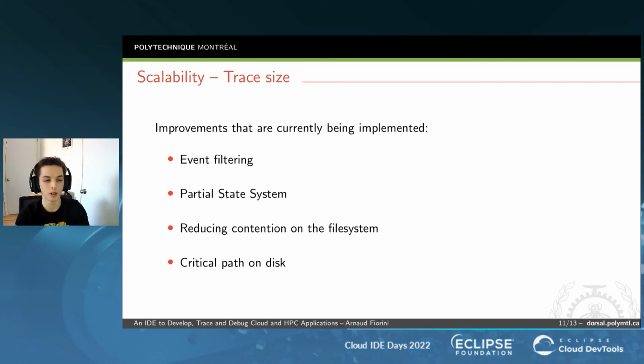Another way of reducing trace size is to use the partial state system. So that will not reduce the trace size directly, but for Trace Compass, Trace Compass uses an intermediate representation of the analysis, and this is the state system. And by using this, it enables Trace Compass to not reread the trace every time the user moves inside the trace to look at different places and times.